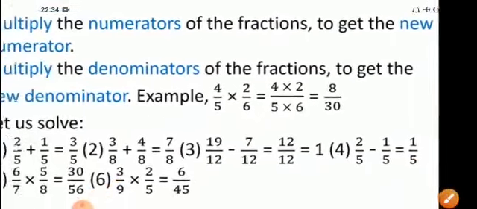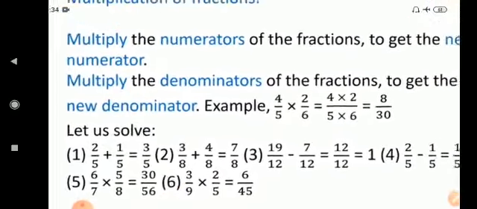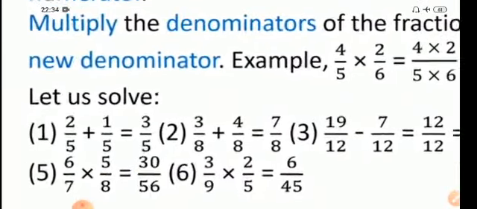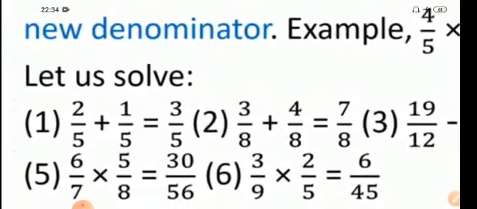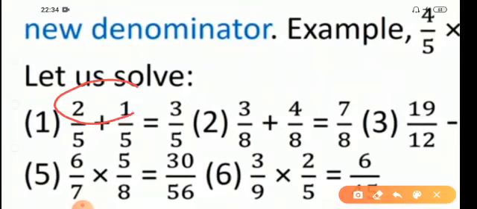Now let us solve some examples. Now we want to add 2 upon 5 plus 1 upon 5. We learned that for the same denominator we have to add only the numerators. So here we will add 2 plus 1, it will be 3, and in the denominator we will write only 5.